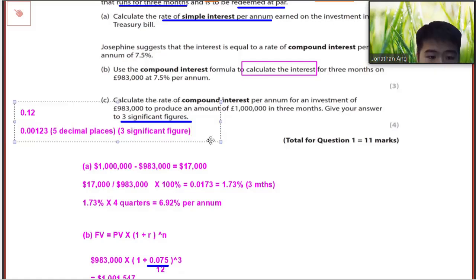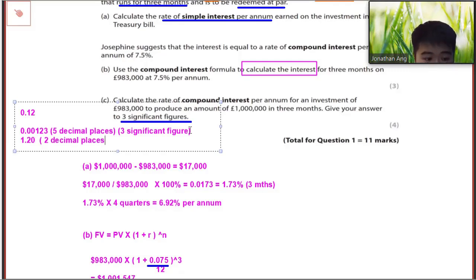Then only you start. So this is assumed that you already know what a significant figure is, as you learned that during your secondary school days. If something like this, 1.20, this is 2 decimal places because you got 1.20.